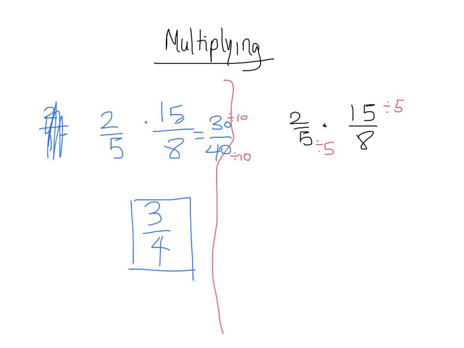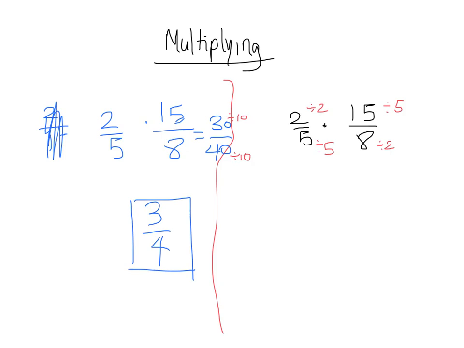And looking again, there is a common factor for 2 and 8. So we can go ahead and divide by that common factor, which is 2. So we can divide that by 2 and divide that by the same thing, by 2. And then once we have cross simplified, then we can multiply across.